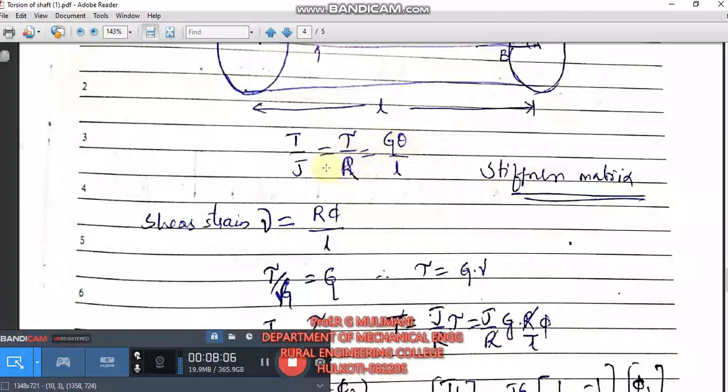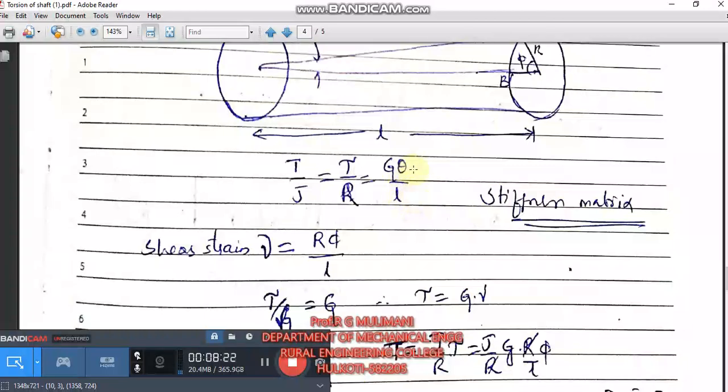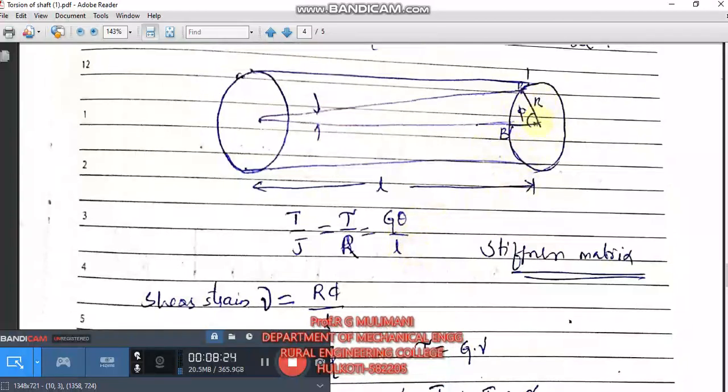We already know the torsion equation, T by J equal to tau by R equal to G theta by L, where T is torque, J is polar moment of inertia, tau is shear stress, R is radius, G is modulus of rigidity, theta is angle of twist, and L is the length of the shaft. When the turning moment is applied, there is angle of twist throughout the length.